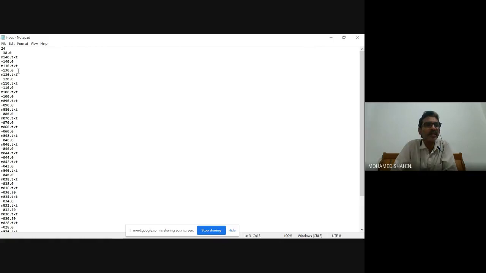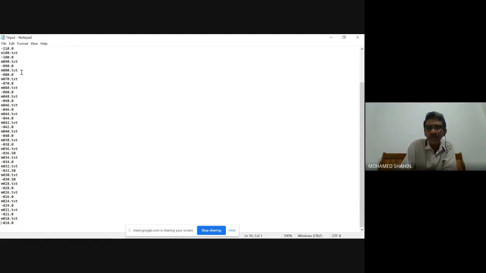There are certain occasions, if the dynamics is so fast, then we want to acquire even two temperatures within 1 degree. In that case, we put A or B or something, and we put minus 140.25 or 0.5, etc.